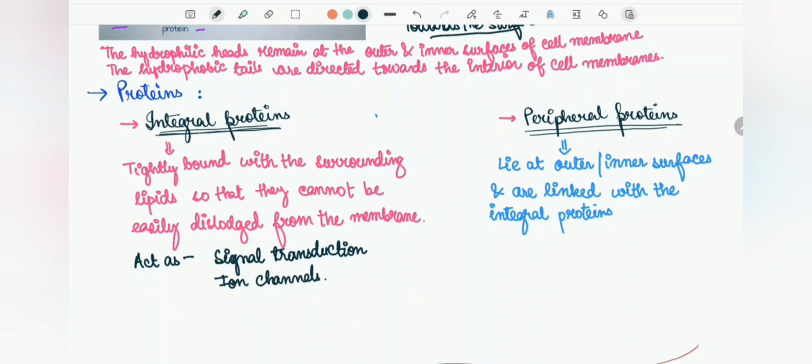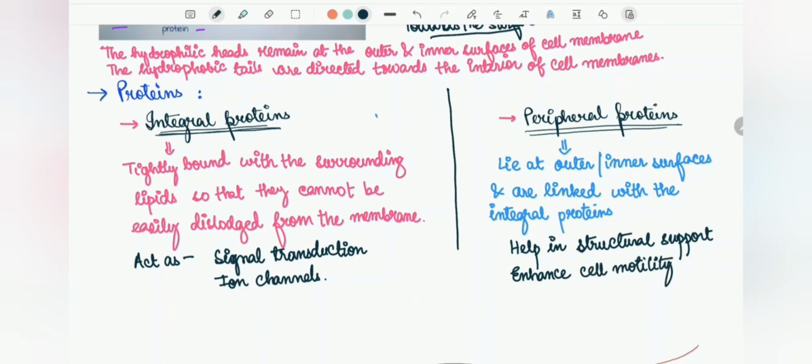On the other hand, the peripheral proteins help in structural support and enhance the cell motility. So, this is about the proteins of the cell membrane, right?